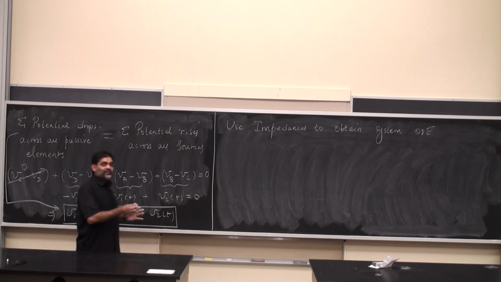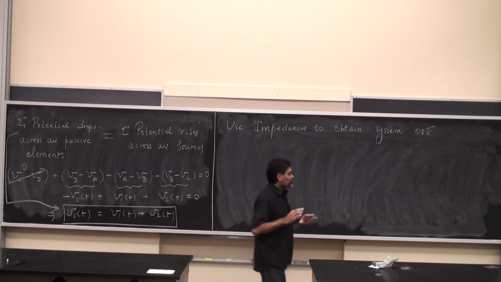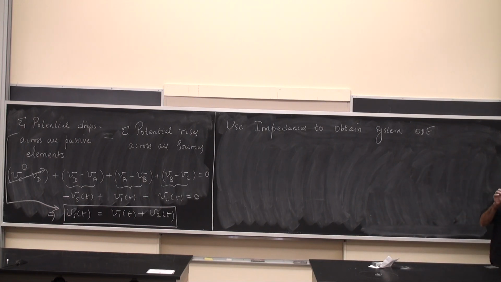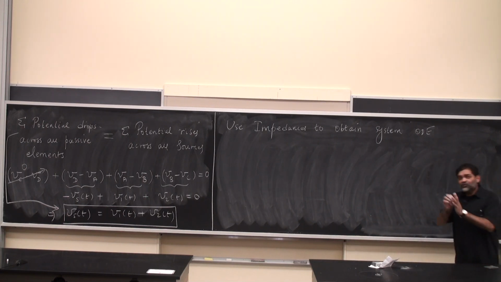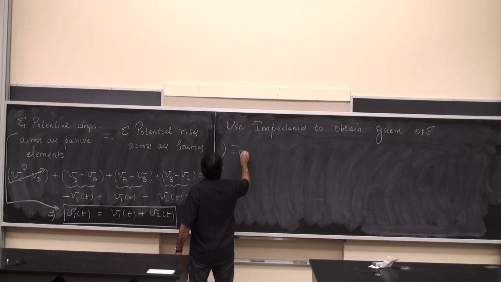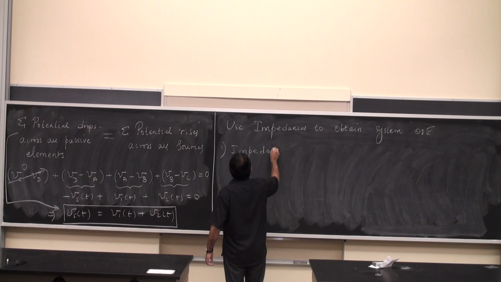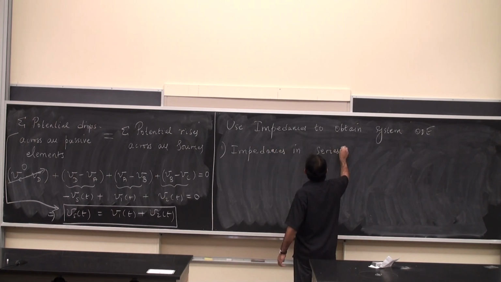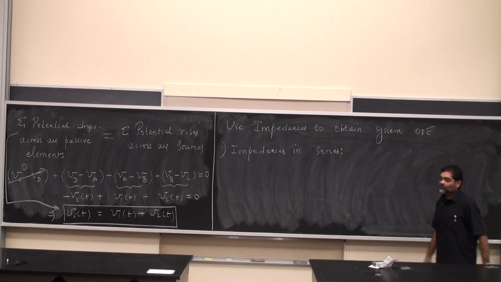And to do this quickly, I'm going to draw two boxes, connect them in series, and come up with a very quick way of figuring out how to combine these two together. And you probably would have done this. So impedances in series. I take two impedance blocks.